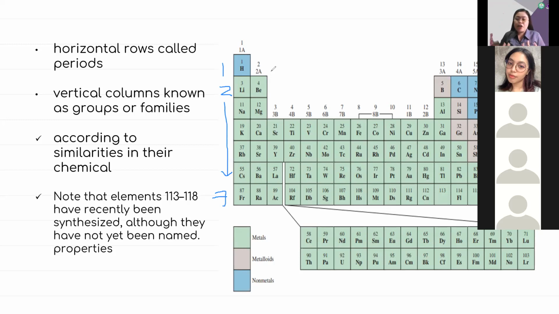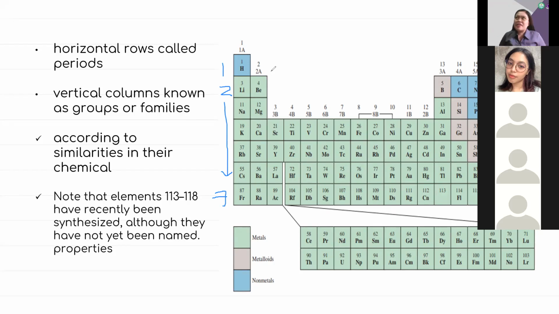The elements are grouped together according to their arrangement in the periodic table, whether horizontal or vertical. So just remember: horizontal is period, vertical is groups or families.